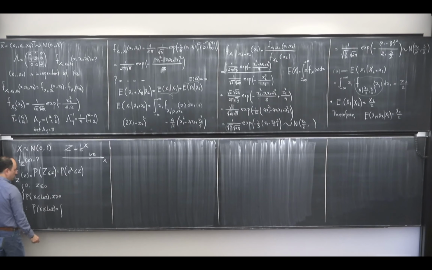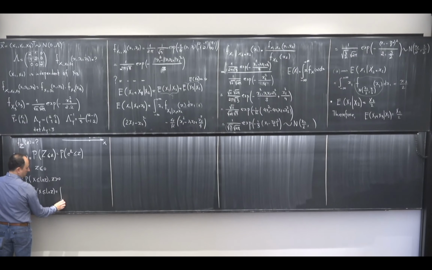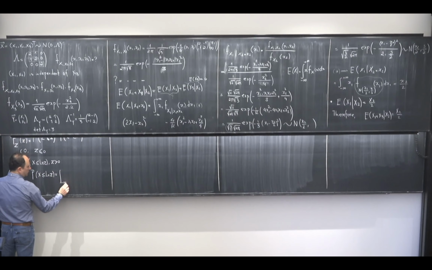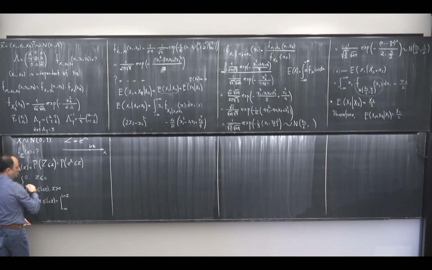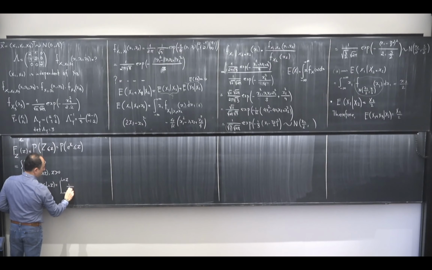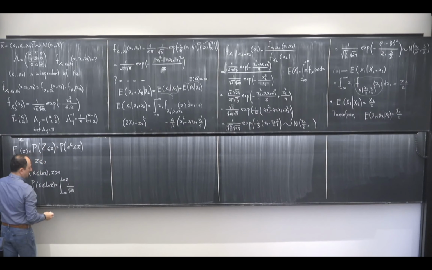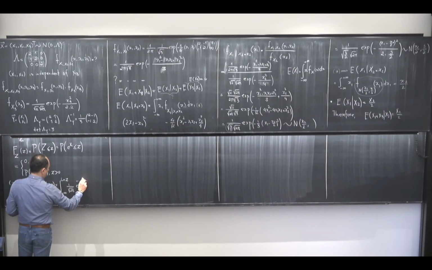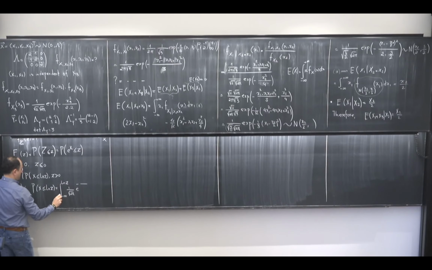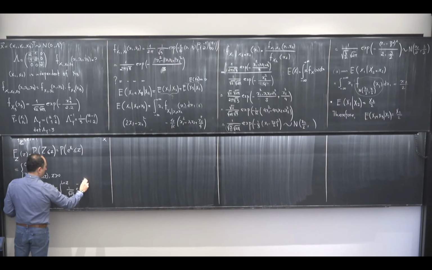Yes, so it means that I have to go from minus infinity up to ln of z of my normal distribution function. So it becomes 1 over square root of 2 pi, and then e to the power of minus x squared divided by 2.